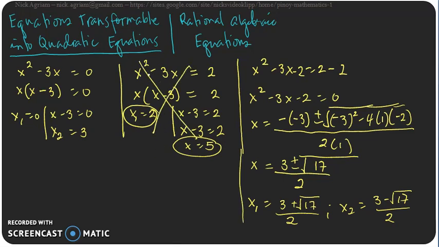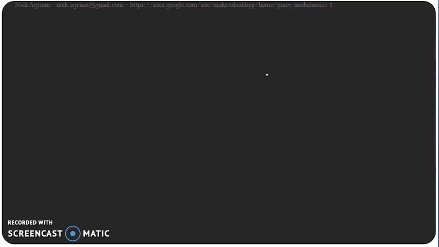So when you see this type of equation, you can only use this process if it is equal to 0. If it's not, then you have to transform that into a quadratic equation, a trinomial, most of the time.